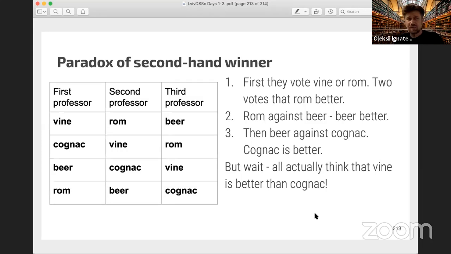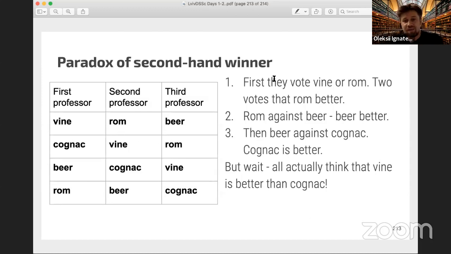It's actually the system in force now in the American Congress when you vote for bills, for laws. You have a pairing, and then the winner goes to the next pair.